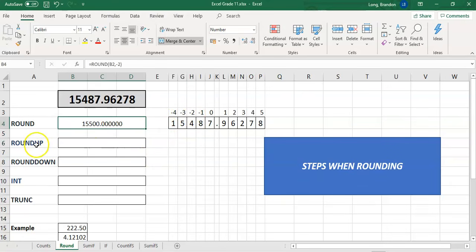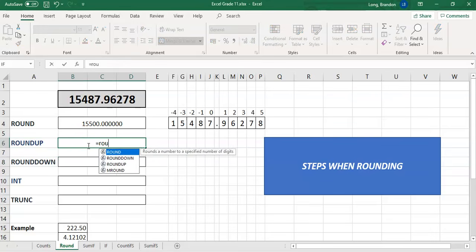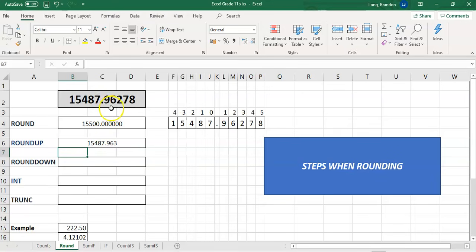Okay, so that's round. Now you also get round up and round down, which work very similarly. They also have a number of digits, but the thing about round up is that it will always round it up. It will never go down. So if we look at the second one, that's an easier one.